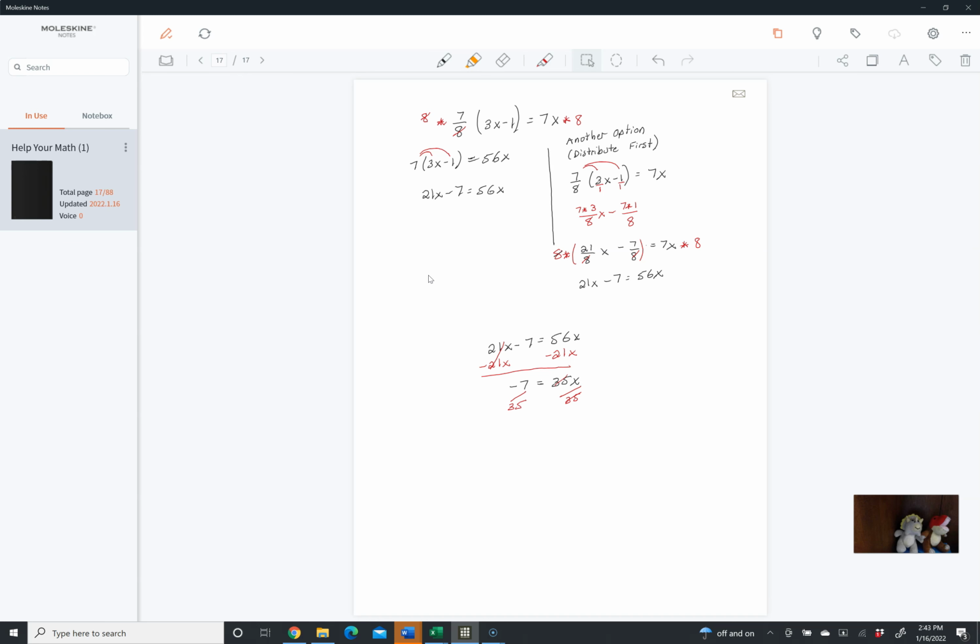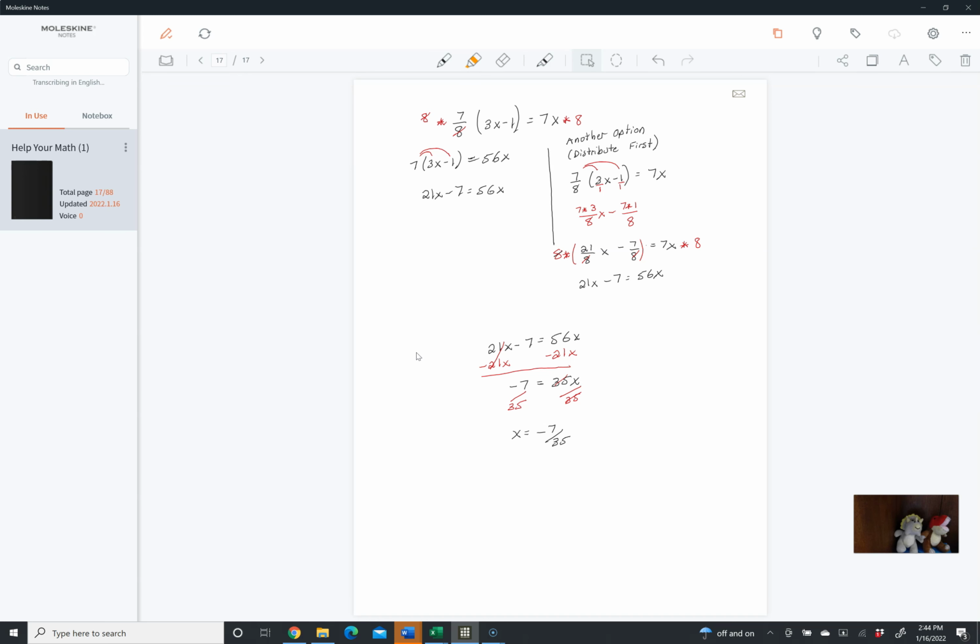The 35 cancels. And I happen to like my x's on the left just by habit. So we have x is equal to negative 7 over 35. But remember, we're not done yet because 7 and 35 have a factor in common, and we want to reduce our fractions as much as possible. So what we're going to do is find that common factor.